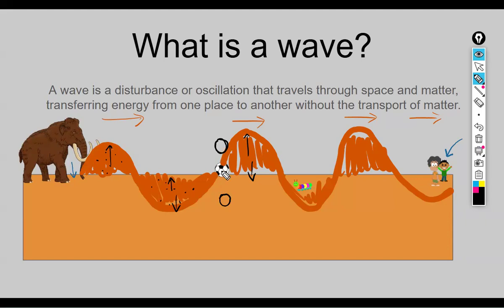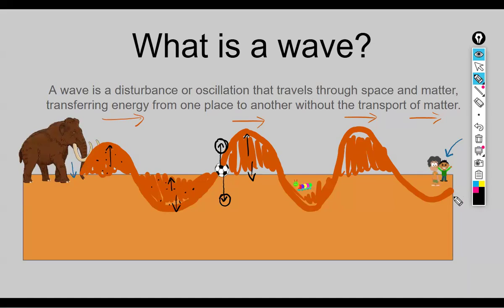You see, the particles themselves are not actually moving forward. All it does, it disturbs as the energy moves through the soil. Everything that gets in the way of the energy gets displaced up or down. But the energy actually moves forward.